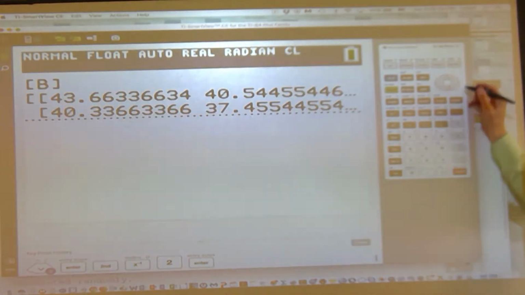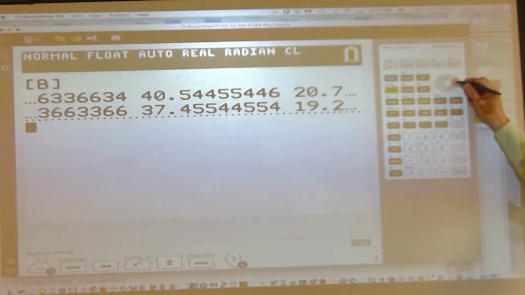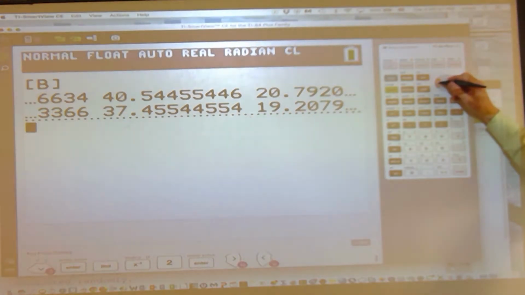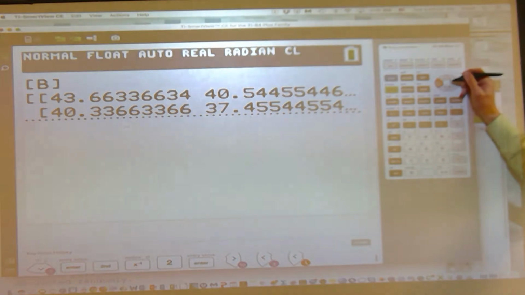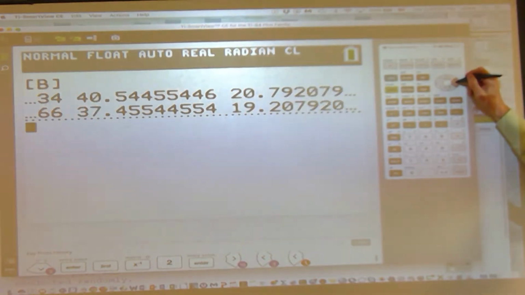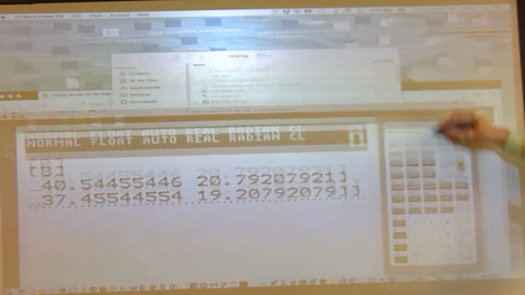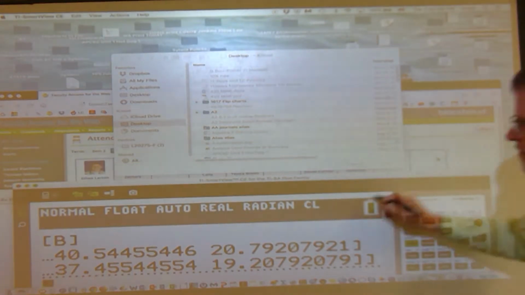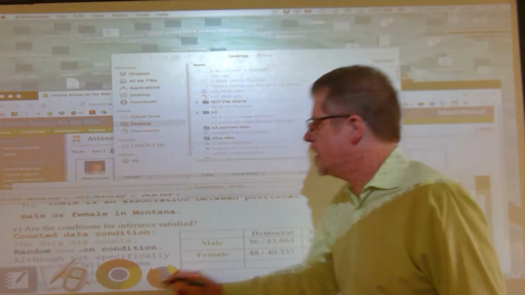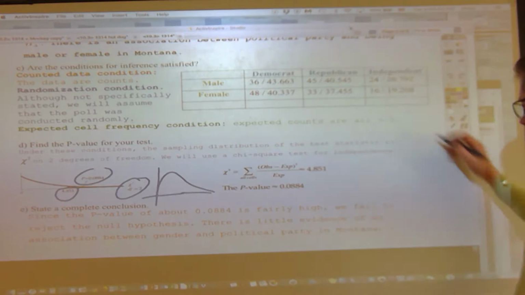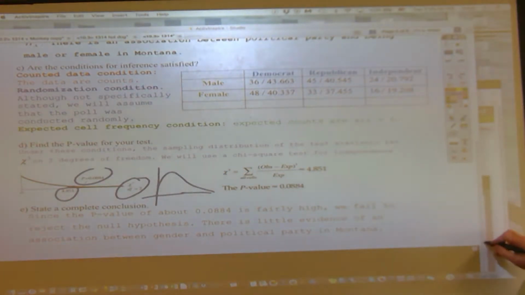It's kind of annoying because you have to scroll over. I would just round them to 2 or 3 decimal places. Using your right arrow, you should be able to scroll through matrix B. Those are the numbers that appear in my copy of the notes right here.